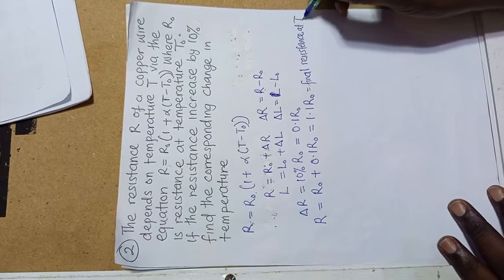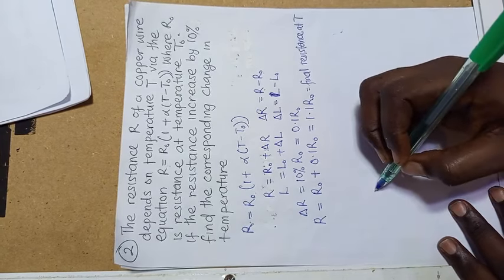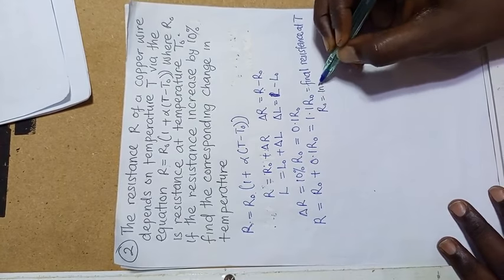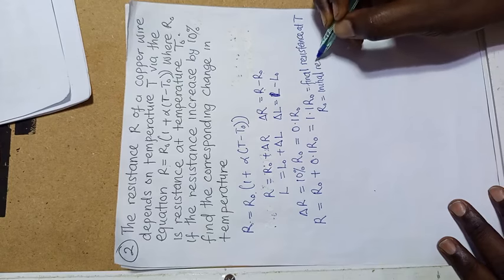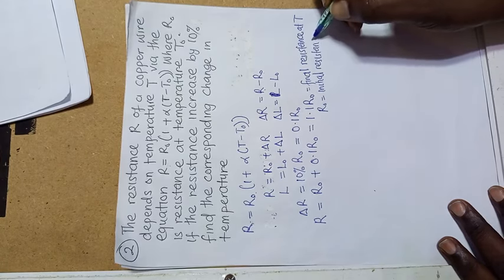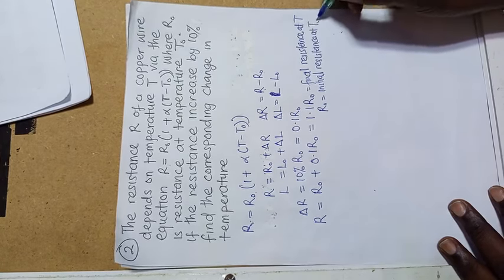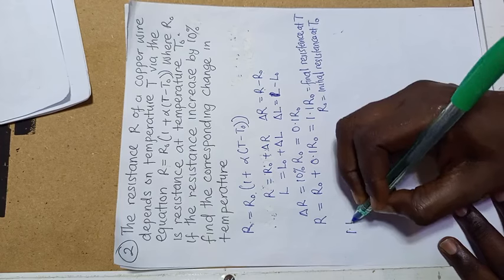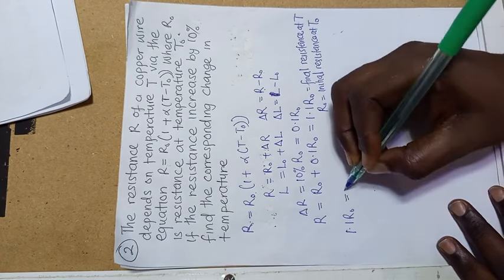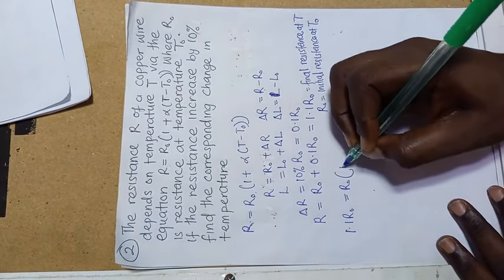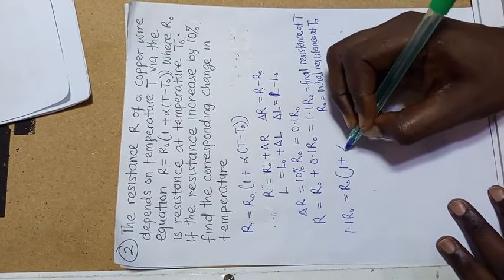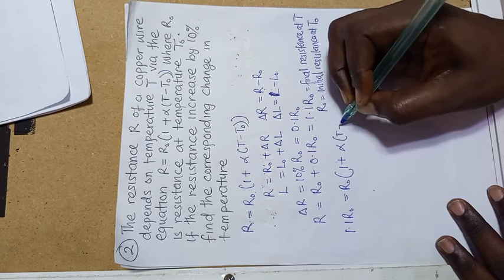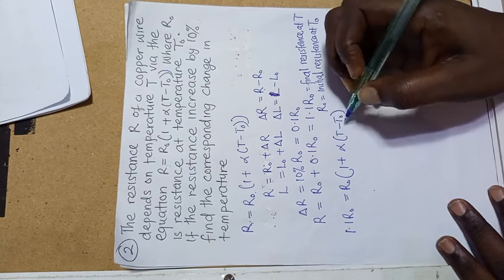The final resistance at T. Now, R naught is the initial resistance at T naught. Now, what do we do? Put it here. So I would have 1.1 R naught equal to R naught into 1 plus alpha change in temperature.